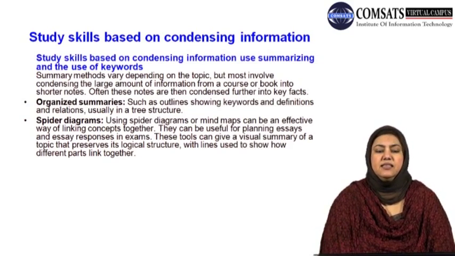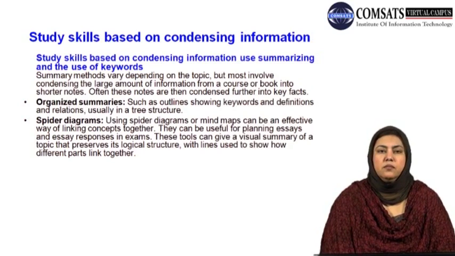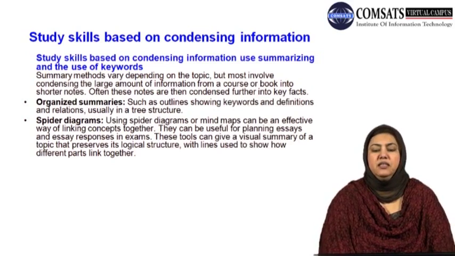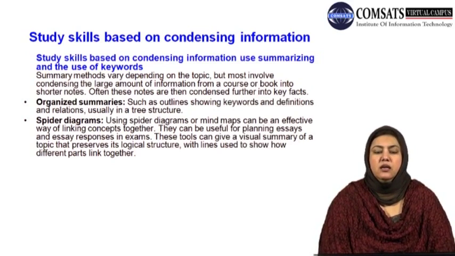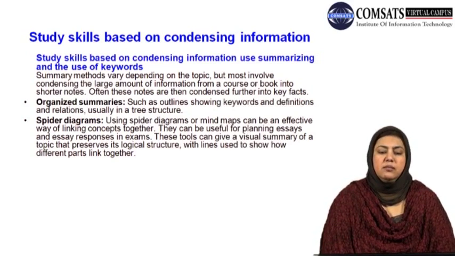The next type is study skills based on condensing information. This type also includes sometimes the cards that are used to present information in a condensed form, but mainly this type deals with using summaries or keywords in order to summarize or condense information.